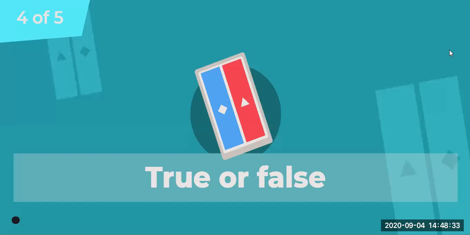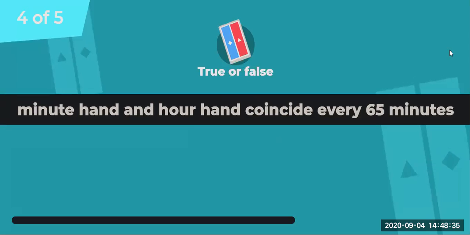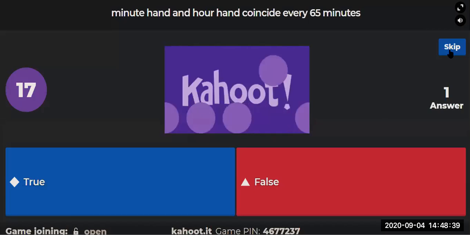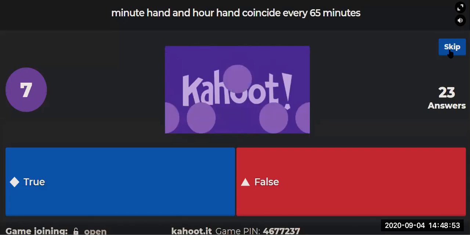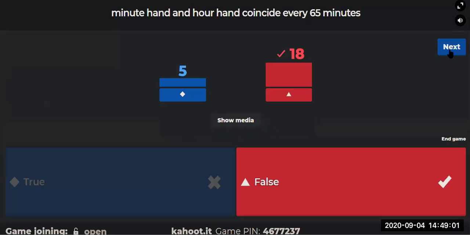Second last problem, true or false. It's false.